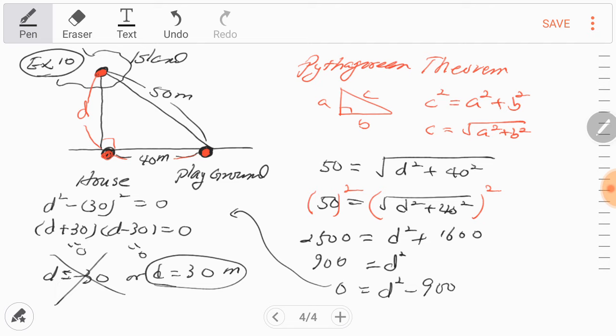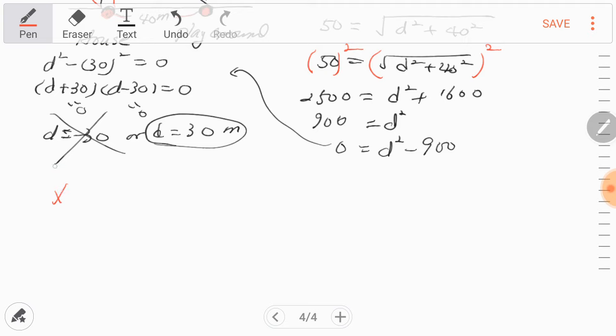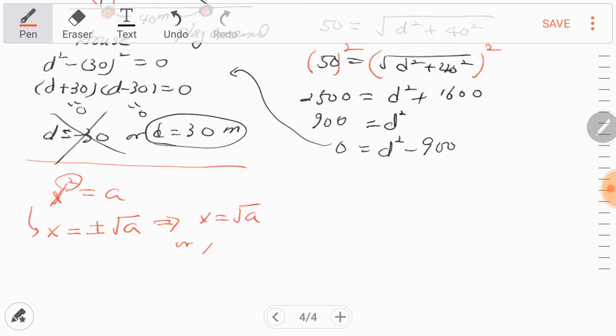In this case, we used difference of squares, but we can use a formula like this. We will learn this one next time. The formula is this: let's say x squared is equal to a, then get rid of this power so that x is equal to plus or minus the square root of a. So the x value is either the positive square root of a, or x is the negative square root of a.